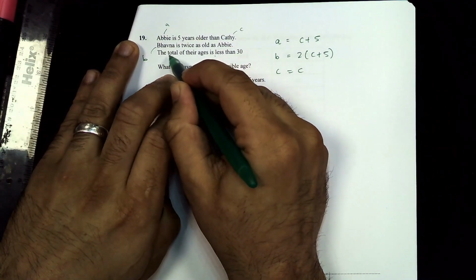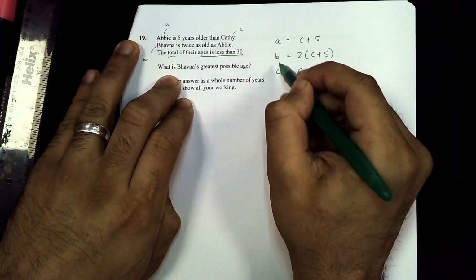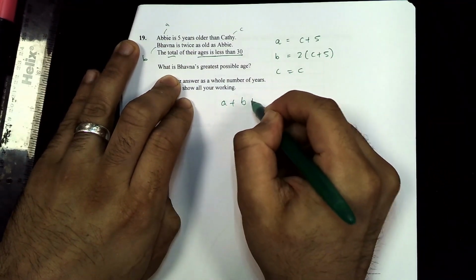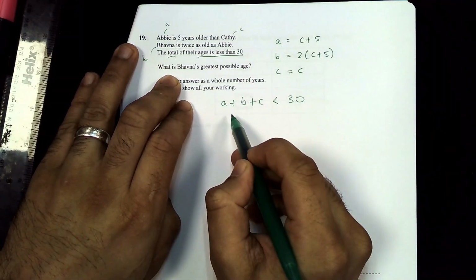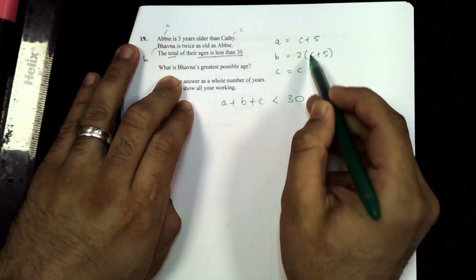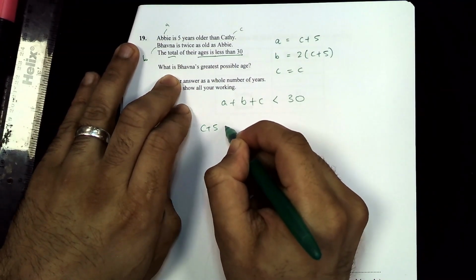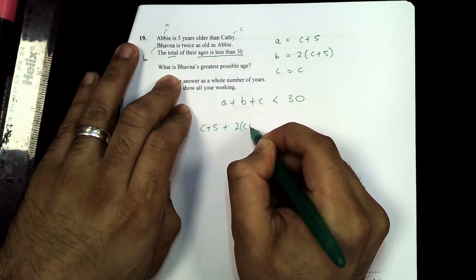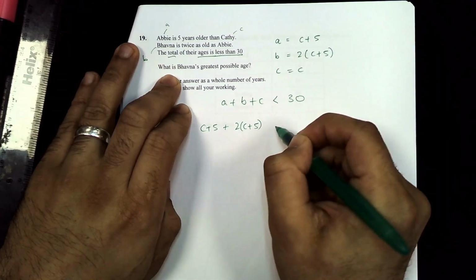So what I'm now going to do is form myself an inequality, because it says that the total of their ages when I add them together is less than 30. So A plus B plus C is less than 30. But I'm going to replace A and B with these two expressions. So C plus 5 plus 2 lots of C plus 5. Remember, Bhavna was twice as old as Abby.